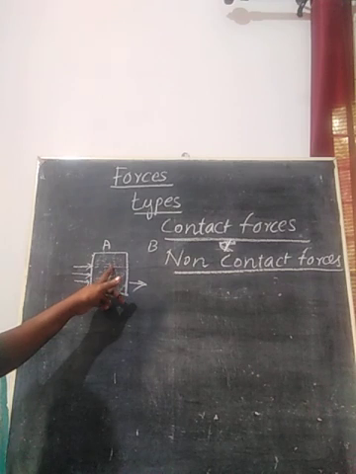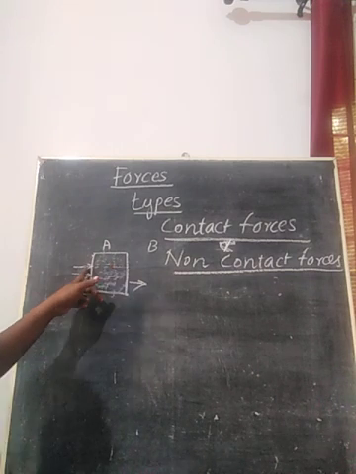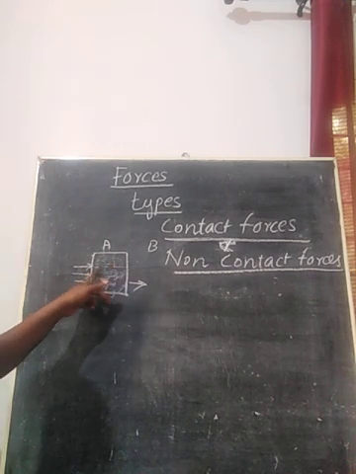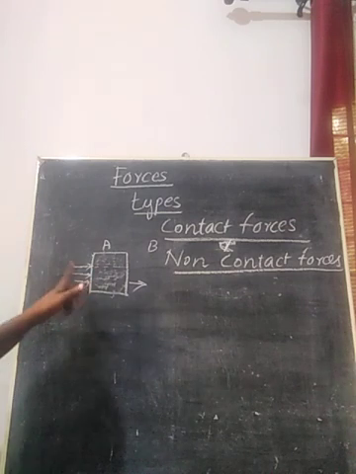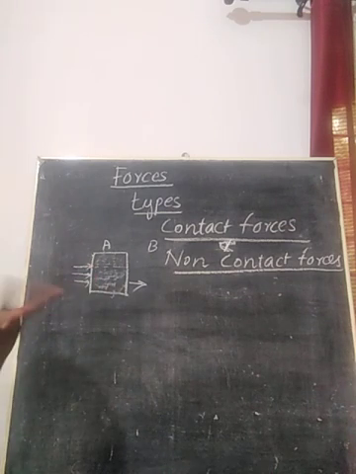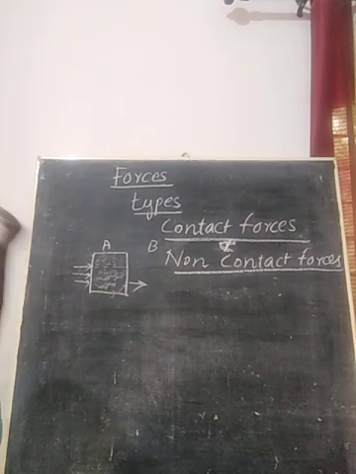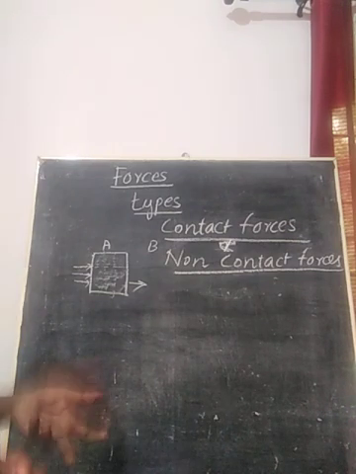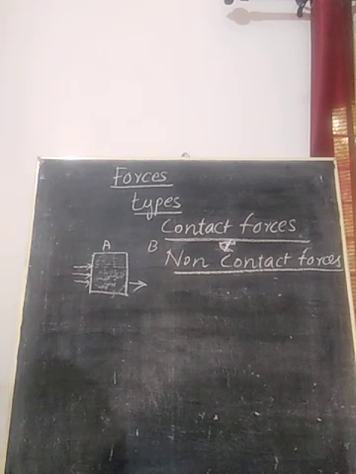So this is the force in which the objects are in contact. Whenever we touch object A, and the force is enough, the object will move. When we lift water up, our hand should be in touch with the rope. Whenever we lift a book, the book should be in touch with the hands.